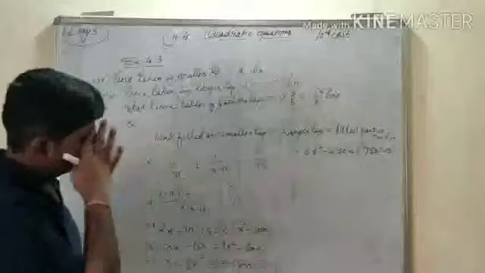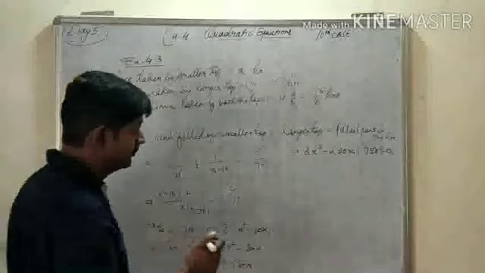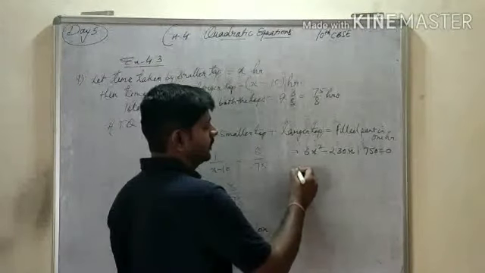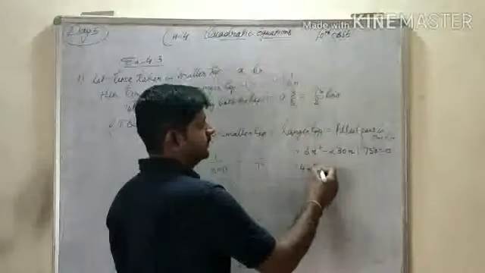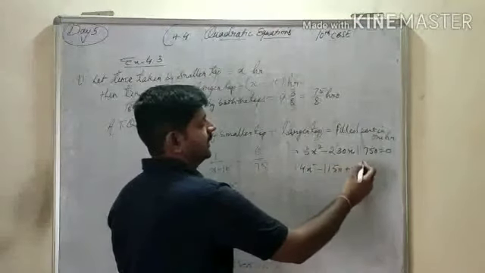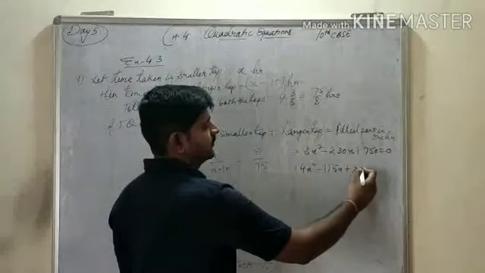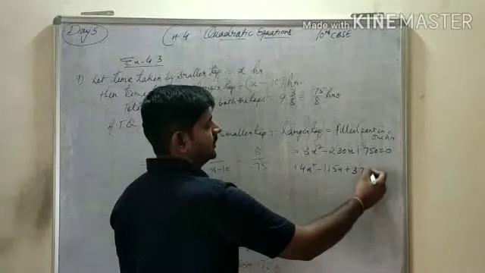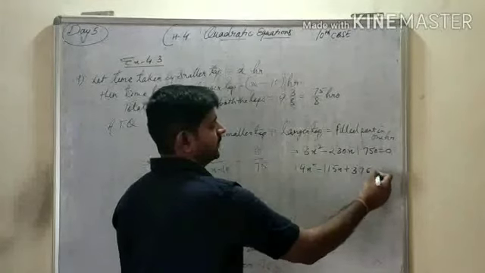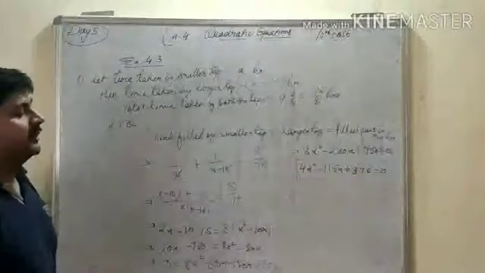It is divisible by 2. If I divide by 2, there will be 4x square, this is 115x, and it's half. So 2 3s are 6, 7s are 14, and there will be 5. And this we can solve by any method, then we can get the answers.